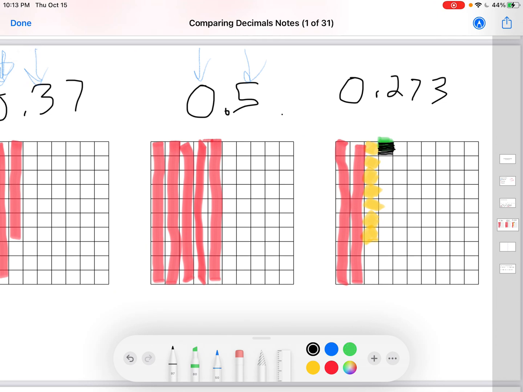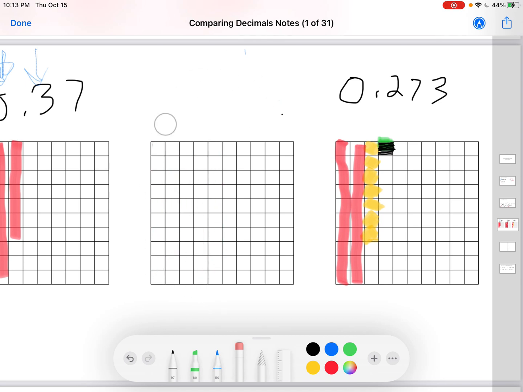But what if I change this number over here and I make it 5? I'm going to change this one completely. I'll erase it. And I'm going to make it 0.274. Well, I'm still going to do 2 tenths. I'm still going to do 7 hundredths.